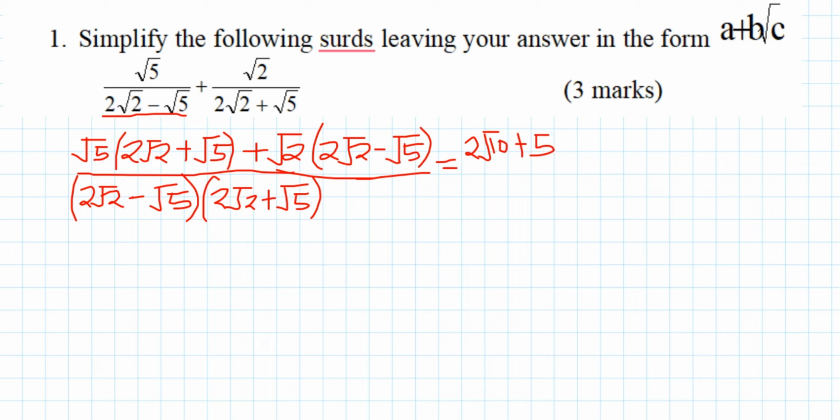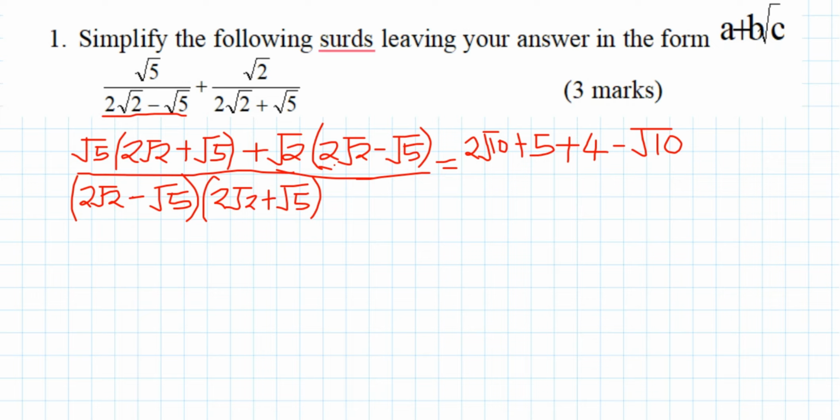And then for the second bracket, we take root 2 multiplied by 2 root 2. So here, so that you can be able to multiply, you multiply root 2 by root 2, so that you get a 2. And then that 2 you multiply by the 2 that is outside, so that you get a 4. And then now you take away root 2 times root 5, which will give you root 10, like that.